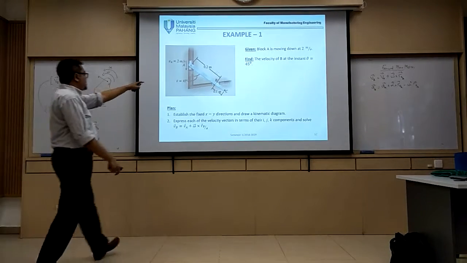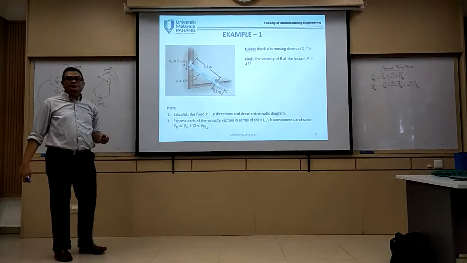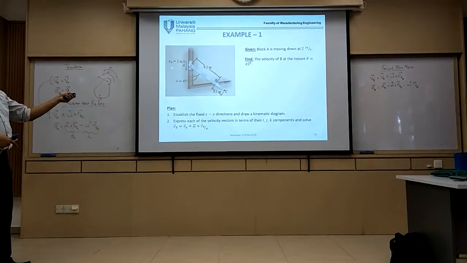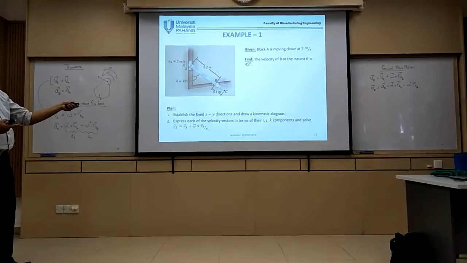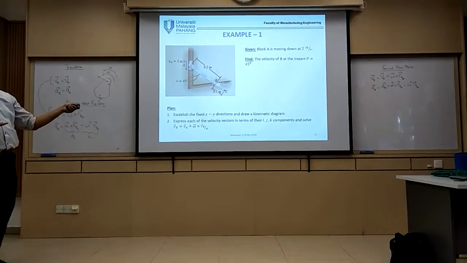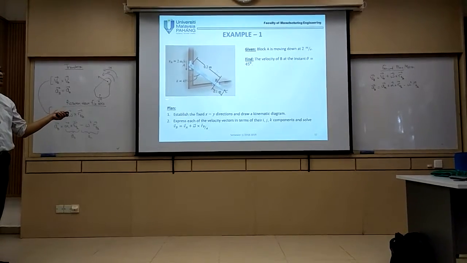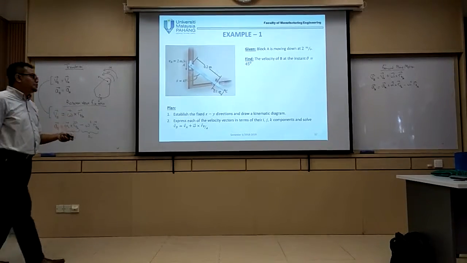Okay, so ABC is 1 rigid body. Any other rigid body? No, right? Okay. So as you can see, if point A is moving down, then point B will be moving to where? To the right or left or up or down? Right. To the right.